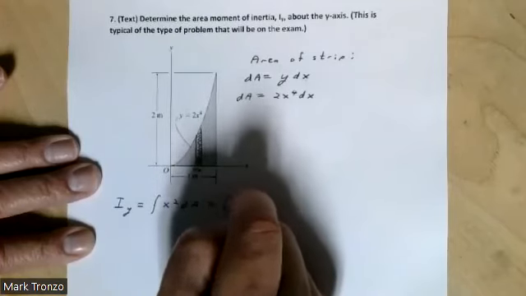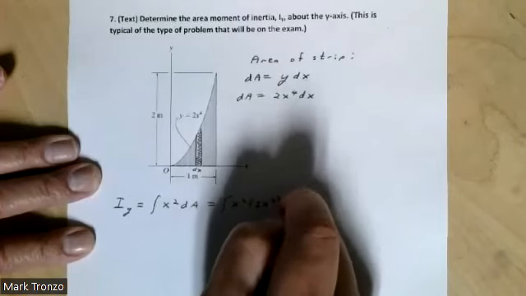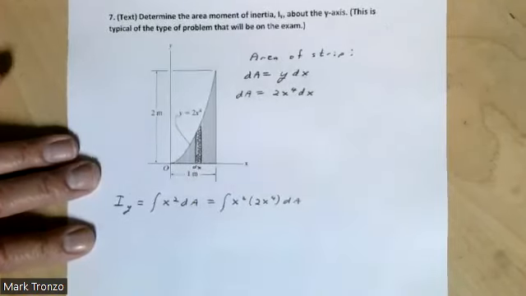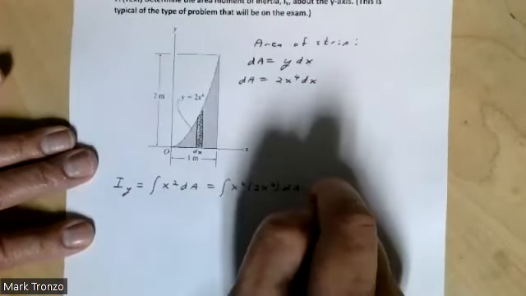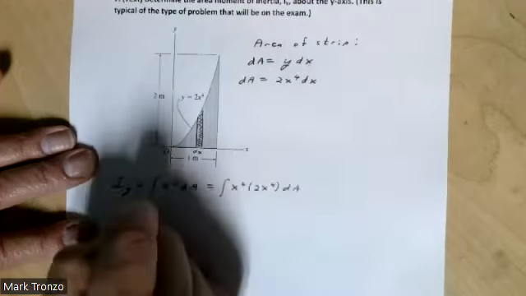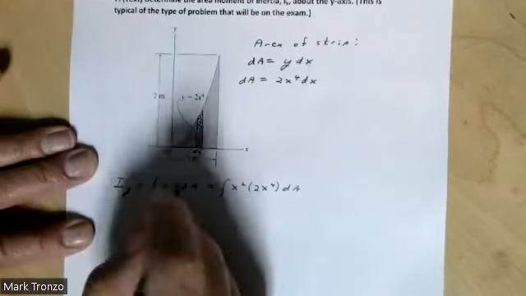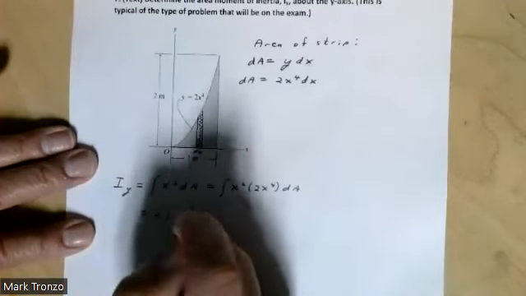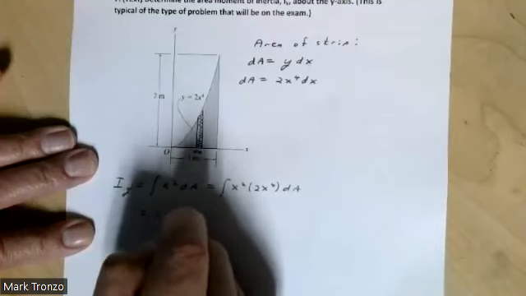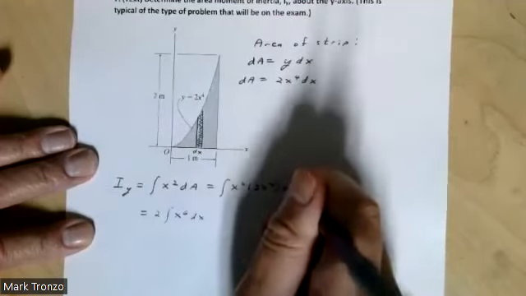So x squared times 2x to the fourth dx, which is equal to 2x to the sixth dx. I'm sorry, this should have been dx over here.